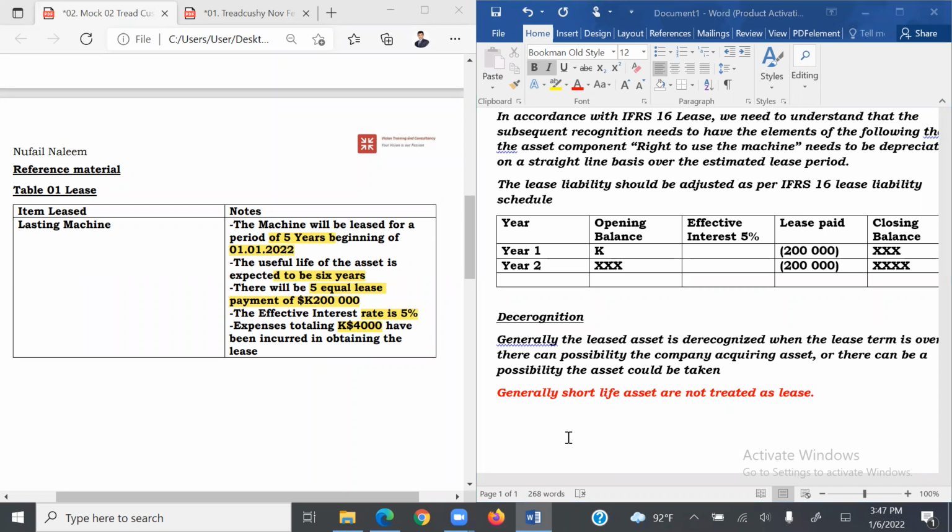Yes, there is a possibility of leasing it again, but the problem is, if you see the estimated useful life is 6 years. So there can be a secondary period as well. So I'll write down here. That's a good point.